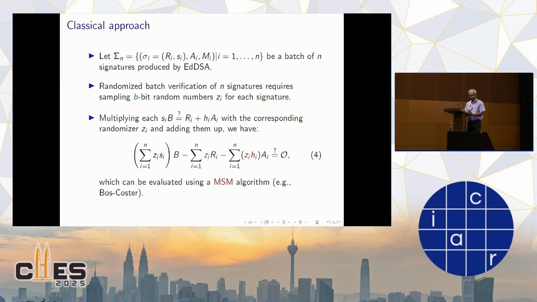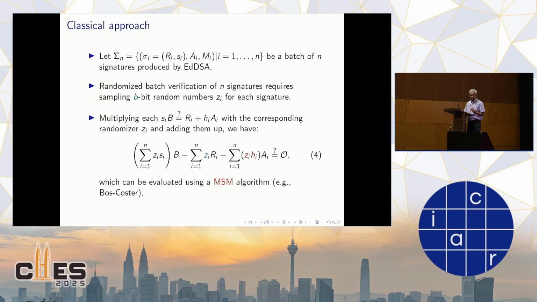And if we sum them up, then equation number 4 is what we get. If you look at the expression, you will see that there are multiple multiscalar multiplications. One involves A sub i, another involves R sub i. So here we have a case of multiscalar multiplication involving 2n scalar multiplications.